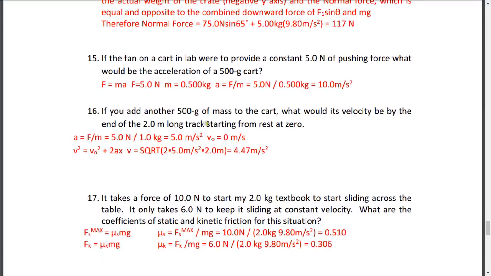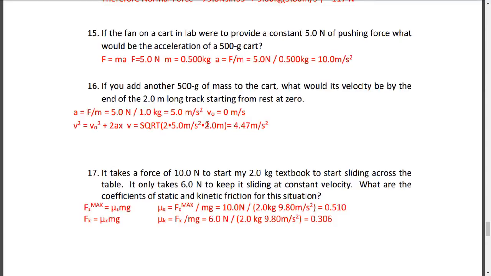All right, we have the fan cart in lab, and the fan is providing a constant 5 newtons of pushing force. What is the acceleration of a 500-gram cart? Well, newtons are kilograms times meters per second squared. So in order to deal with 5 newtons, I have to convert my mass into kilograms.